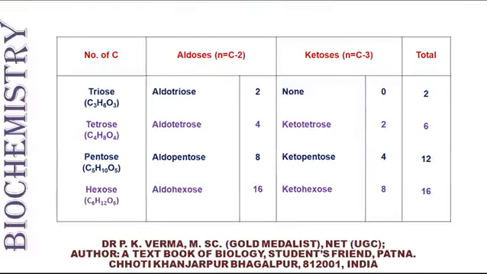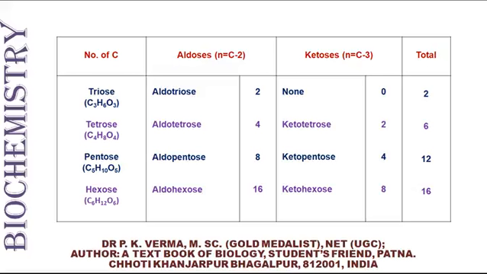Here aldotriose has two forms, aldotetrose 4, aldopentose 8, aldohexose 16 forms. But there is no ketotriose because it has no asymmetric carbon.